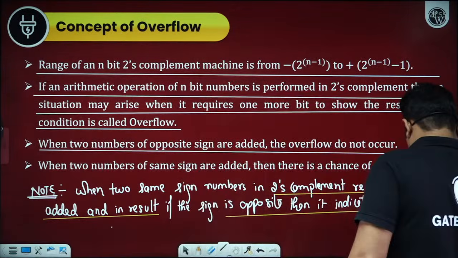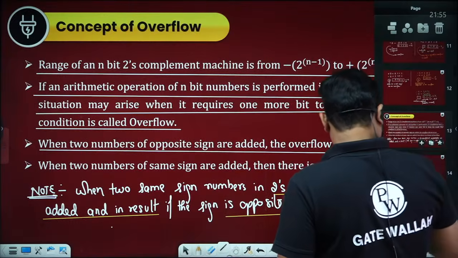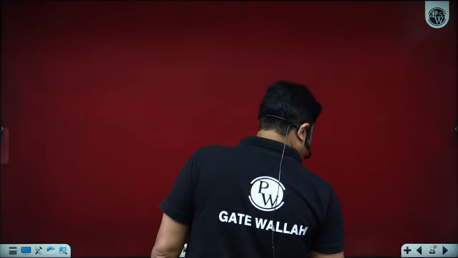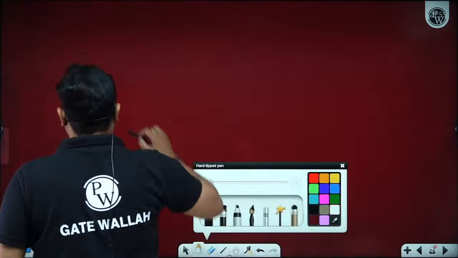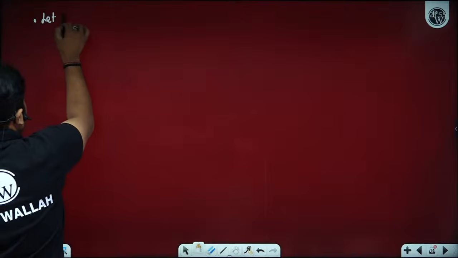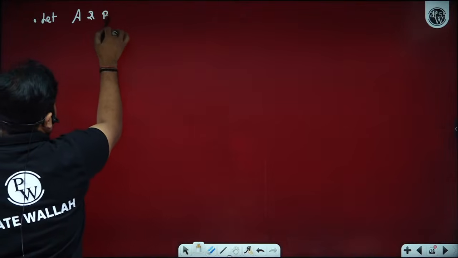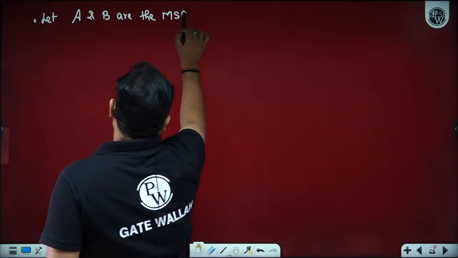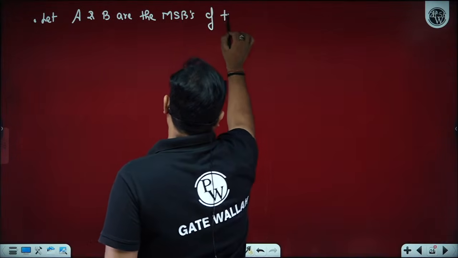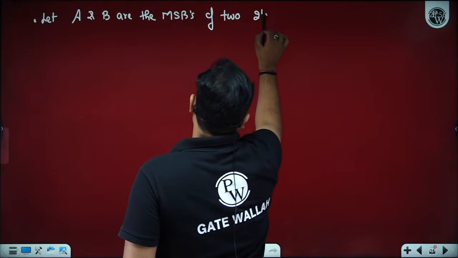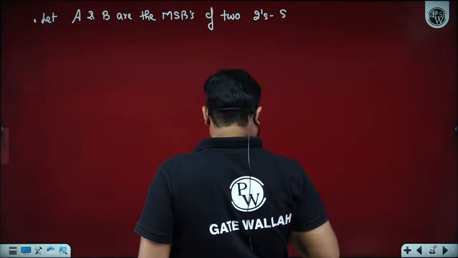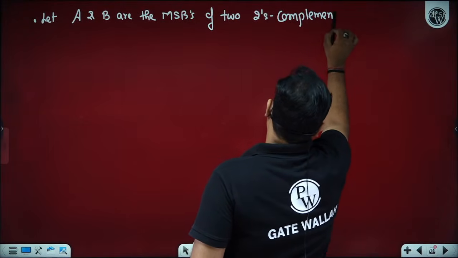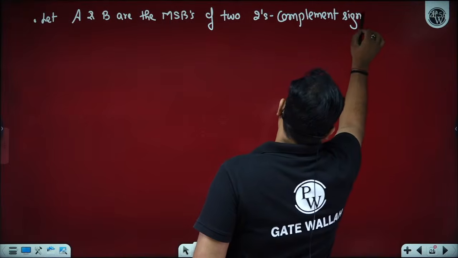Suppose in 2's complement representation we have two MSBs, A and B. Let A and B be the MSBs of 2's complement signed numbers.